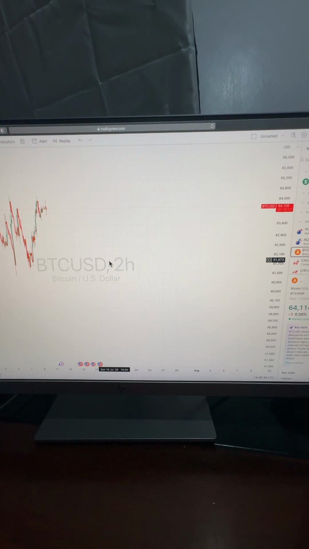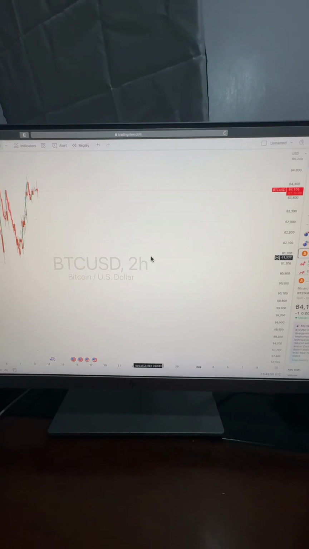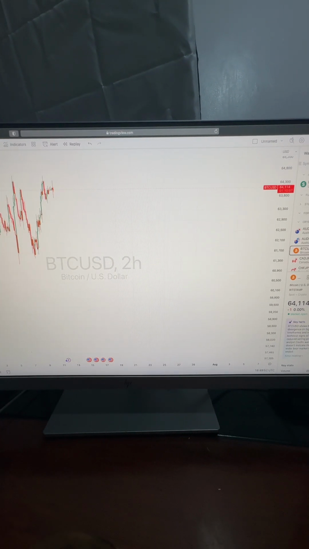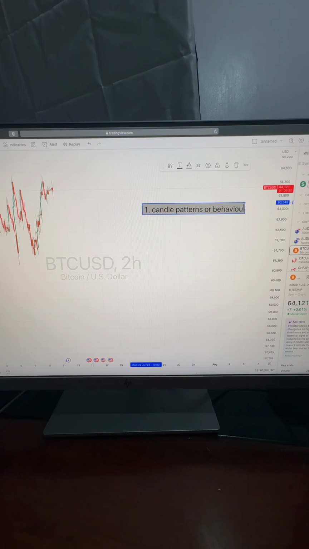For entry level or entry confirmation, we have three. The first way you can confirm an entry level is through candlestick patterns or behavior.